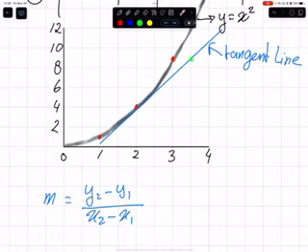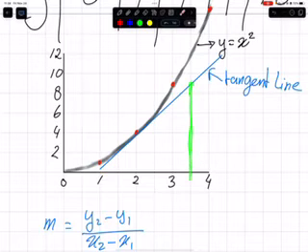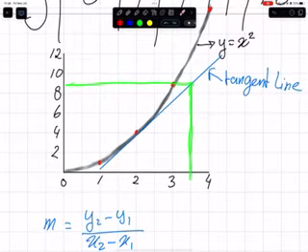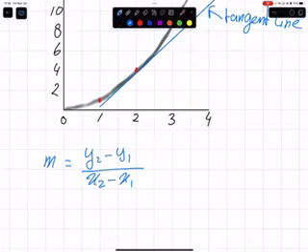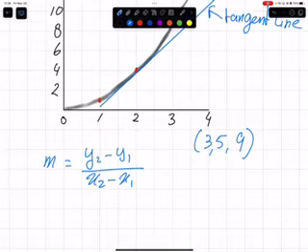One is, for example, this looks like 4, 3.5, maybe 9. Three and a half, 9. That's one coordinate.